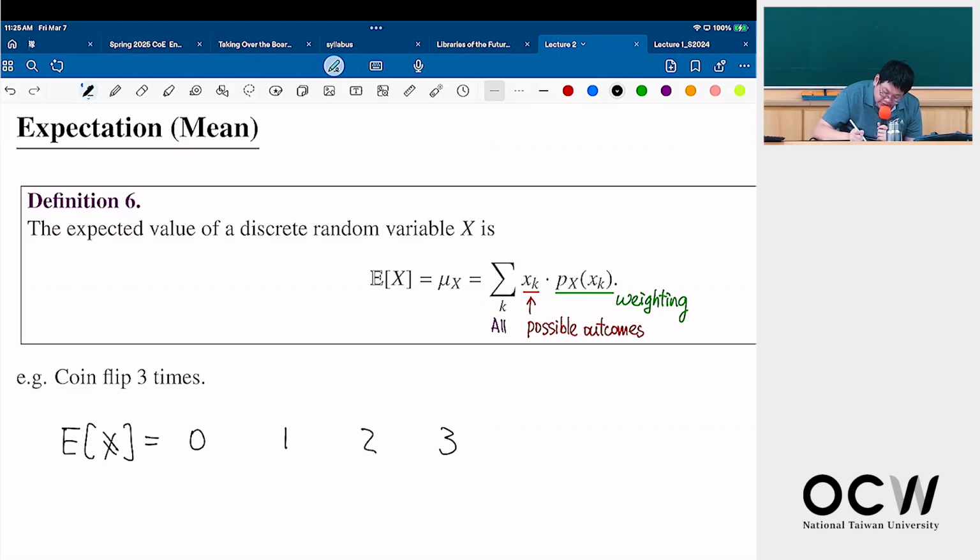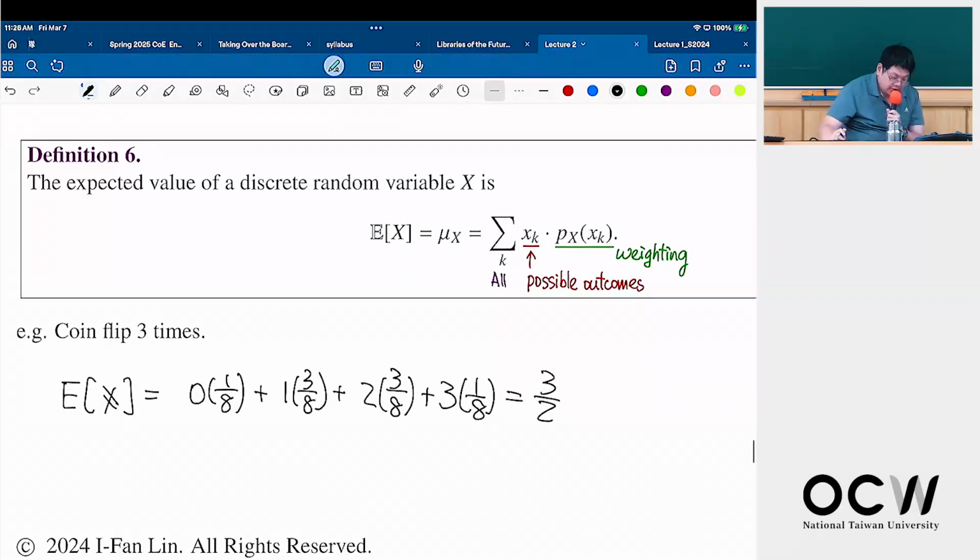I can get 0 heads, 1 head, 2 heads, or 3 heads. Then times the corresponding weightings, that is the PMF. To get 0 heads, the PMF is 1/8. To get 1 head, 3/8. Get 2 heads, 3/8. And get 3 heads, 1/8. So overall, you get 3/2.